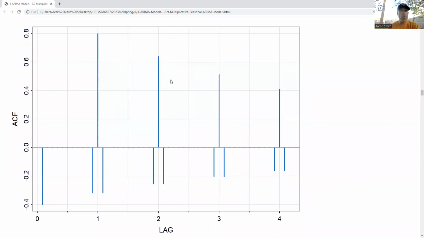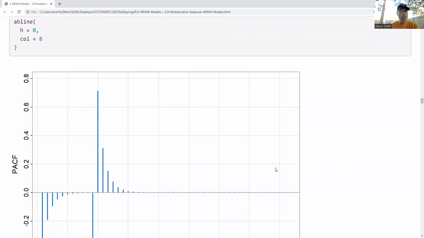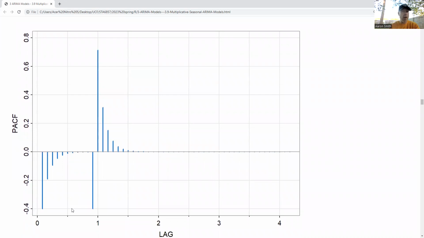I have the huge spikes at multiples of 12, but plus or minus 12, we can see that they're equal to each other, and they're negative, pointed in the opposite direction. If we look at the PACF, notice that we have a spike at 1 seasonal aspect, and then it kind of trails off.